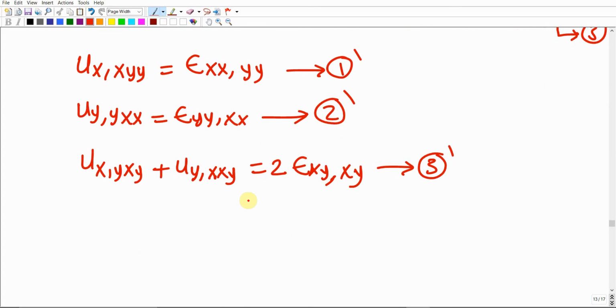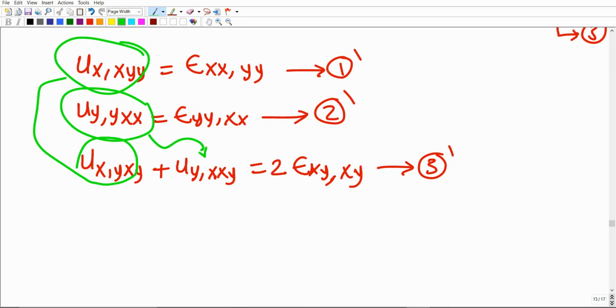Then your objective is, as you can see, do you see the ux comma yxy? It means that you do have 2y and 1x. Here we do have 2y and 1x. It means that this term is typically the same as this term, right? And this term is typically the same as this term. It is uy comma y, 1y, 2x, 1y, 2x.